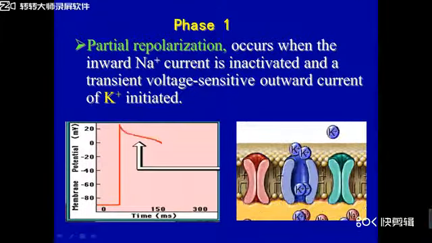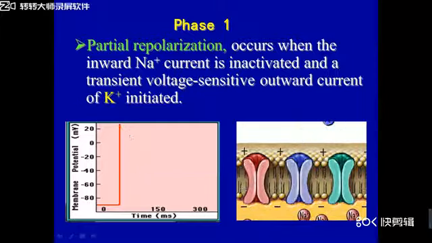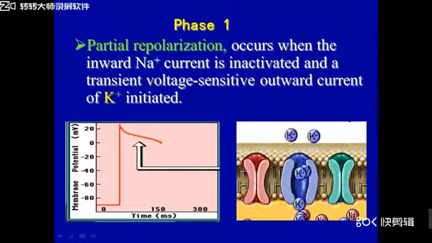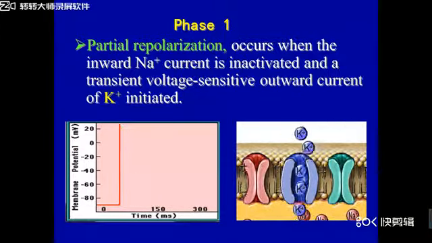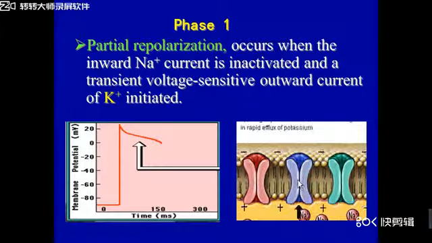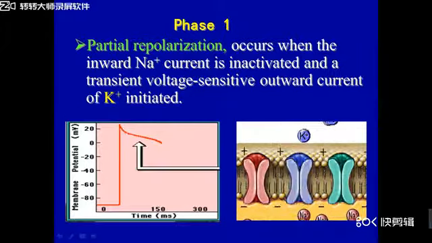Phase 1 is the partial repolarization. It occurs when the inward sodium current is inactivated and a transient voltage-sensitive outward current of potassium is initiated. Here it is, phase 1, partial repolarization.